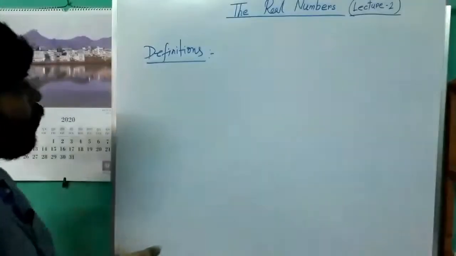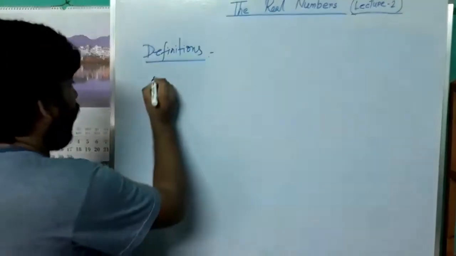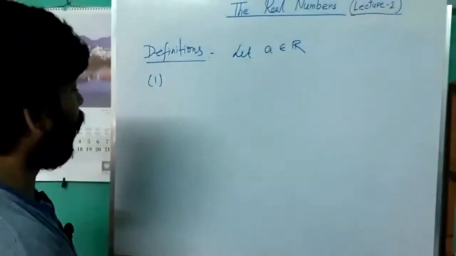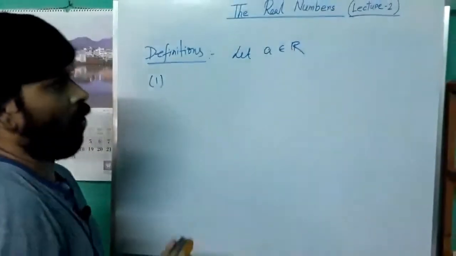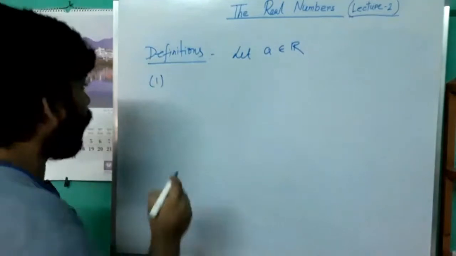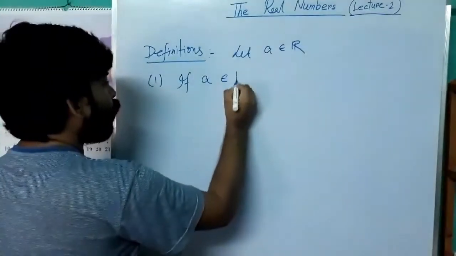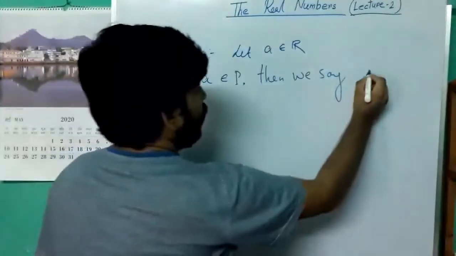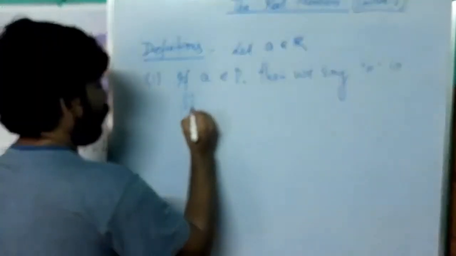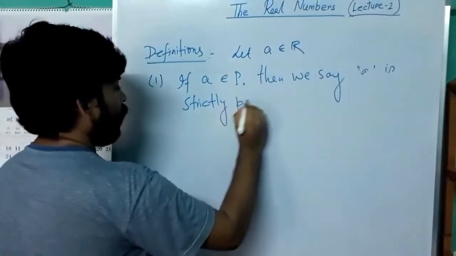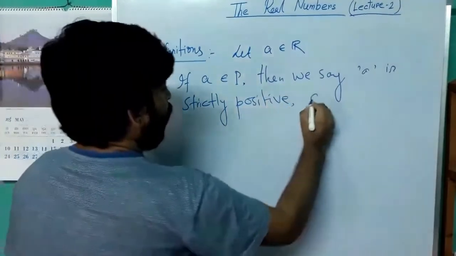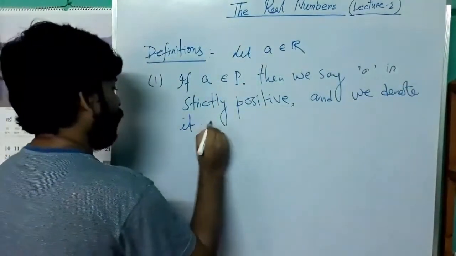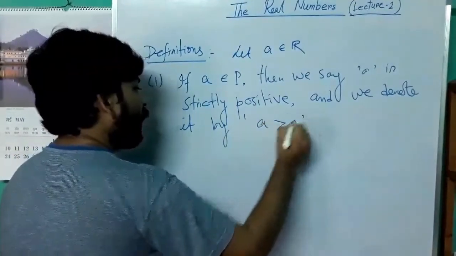Depending on the order axioms, we introduce some definitions. First definition: let us take a real number A. By the law of trichotomy, either A belongs to P, or A equals 0, or minus A belongs to P. So if A belongs to P, then we say A is strictly positive, and we denote it by the symbol A greater than 0.